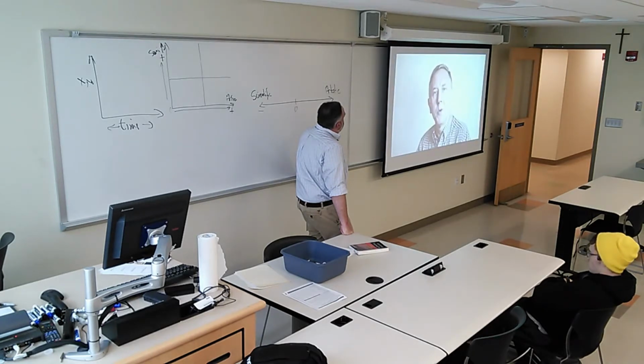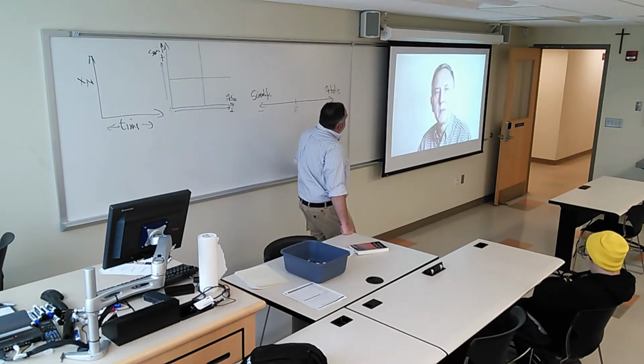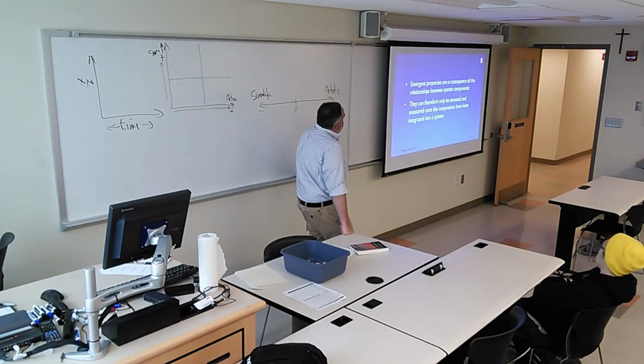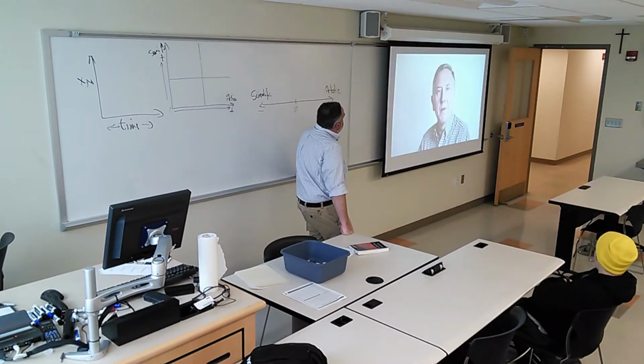Why do we get these emergent properties? Well, the emergent properties arise because of the relationships between the components in the system, so we can only measure and assess those emergent properties when these relationships have been created, that is, when the components have been integrated to create the system. And there are two types of emergent property.